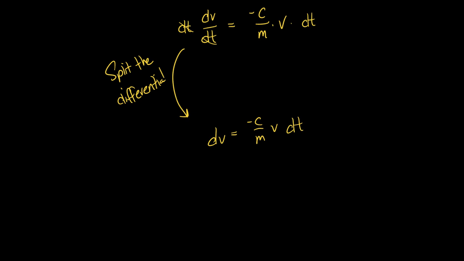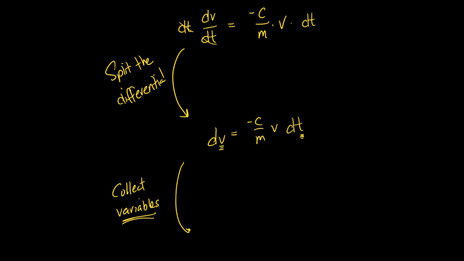Now, the next step is to collect variables. You see, to continue this process, we need to get everything that has a v in it on the side with dv, and everything that has a t in it on the side with dt.